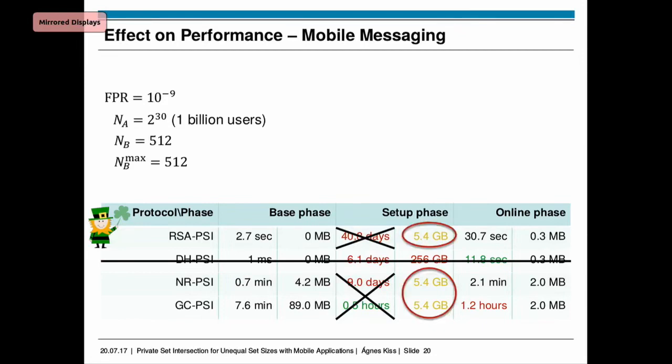And then we see that there's still a problem, which is that we need to store around 5 gigabytes of data on the client side. So the communication would maybe be okay, but we also need to store this 5 gigabytes of data on the mobile. So that's not that practical yet. There's another work that just came up 1 or 2 weeks ago, which uses cuckoo filters instead of Bloom filters.